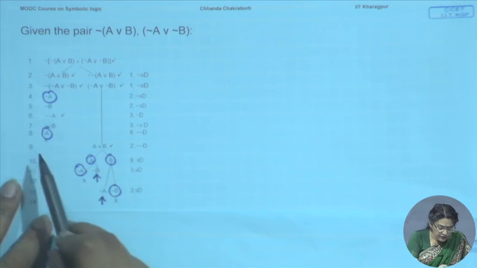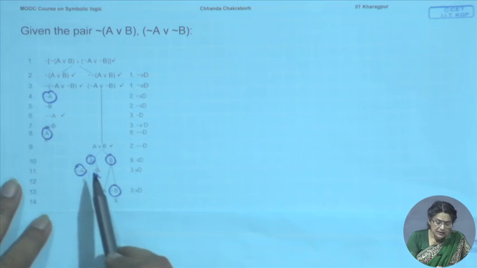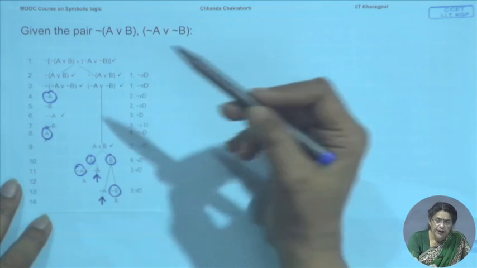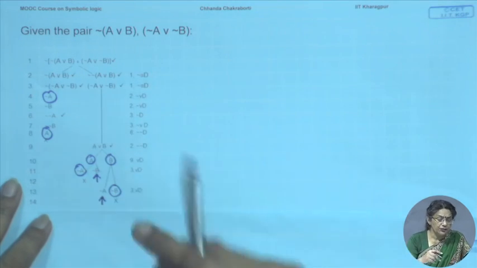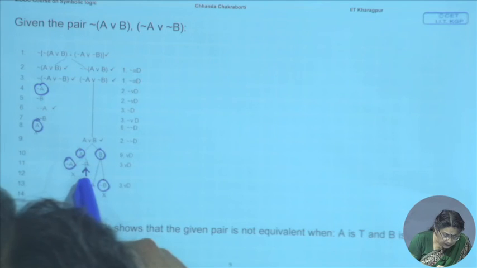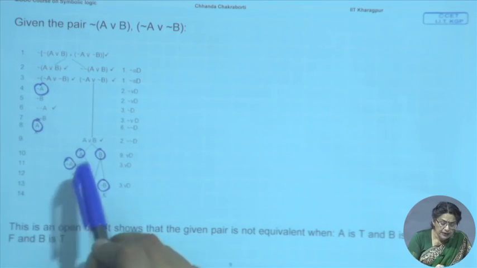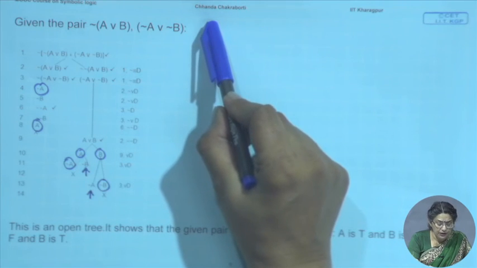So even at this stage you can stop and say that I have found my answer. This one is closed, but here is a completed open branch, and that tells me that this pair is not logically equivalent. So overall, if you follow this completed open branch, then A is true and B is false. That's when these are not going to be logically equivalent.